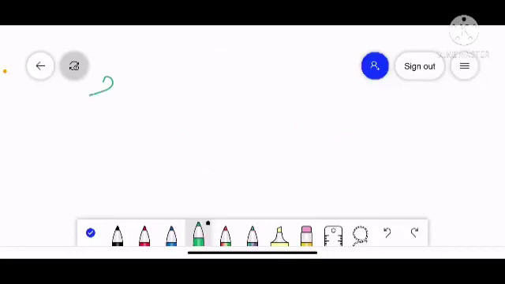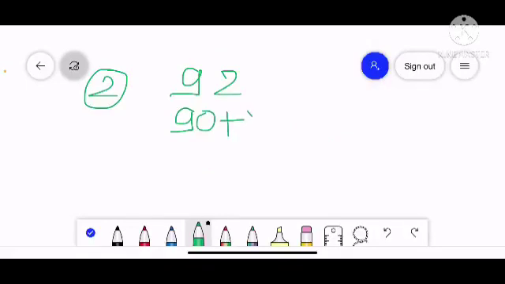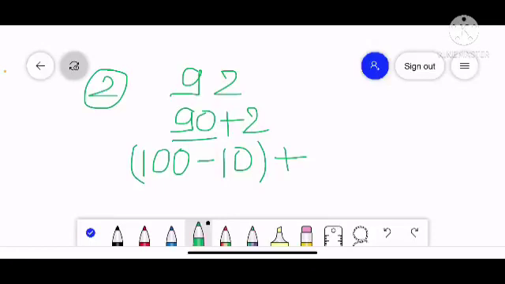One more. Write the Roman numeral for 92. What are we going to do? Again break it in tens and ones. That is 90 plus 2. Again we are not having any Roman numeral for 90, so we are going to break it into 100 minus 10, and 2 can be written as 1 plus 1, right?